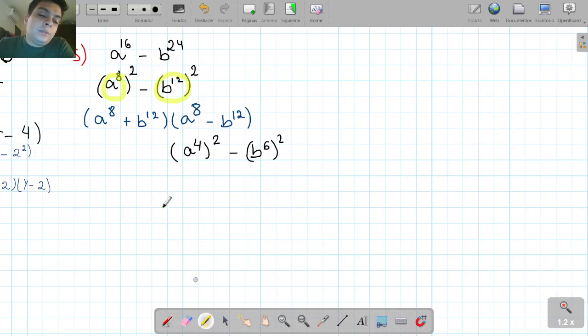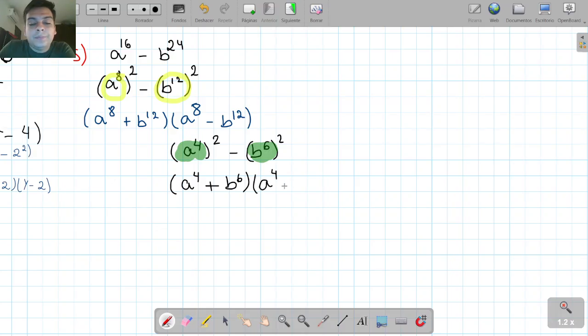As in the formula, we have a squared and b squared. Now, if I factorize this, it will be a to the power of 4 plus b to the power of 6, then a to the power of 4 minus b to the power of 6. But don't forget, we still have this part.